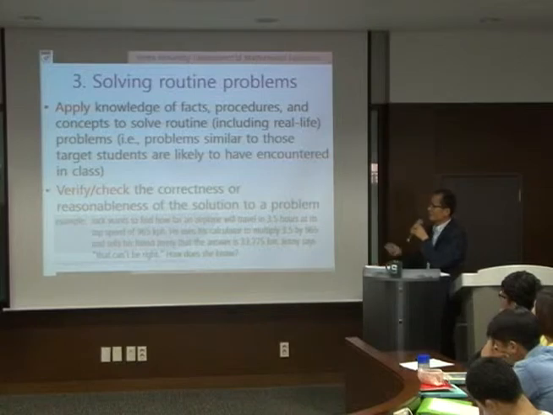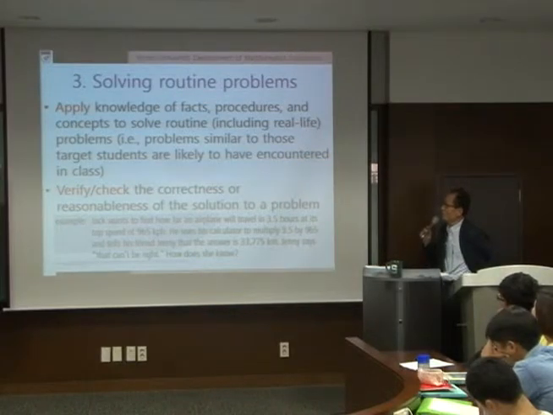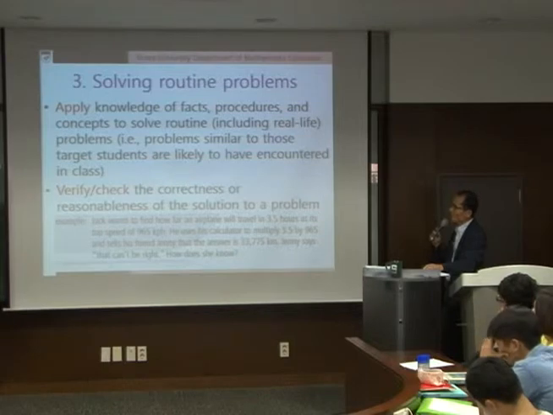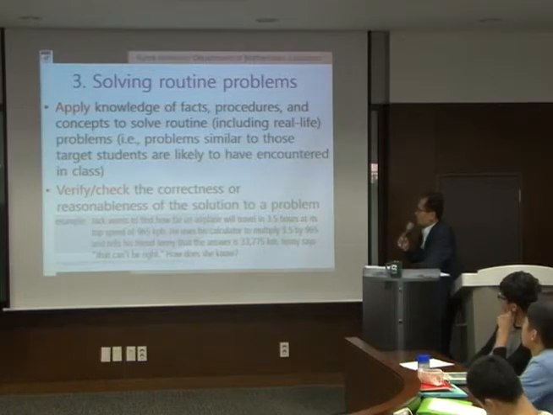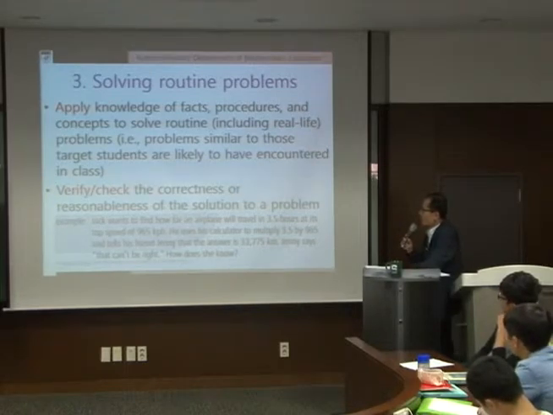For instance, in this problem, Jack wants to find how far an airplane will travel in 3.5 hours at its top speed of 965 kilometers per hour. He used his calculator to multiply 3.5 by 965 and tells his friend Jenny that the answer is 33,775 kilometers. Jenny said, that can't be right. How does she know?